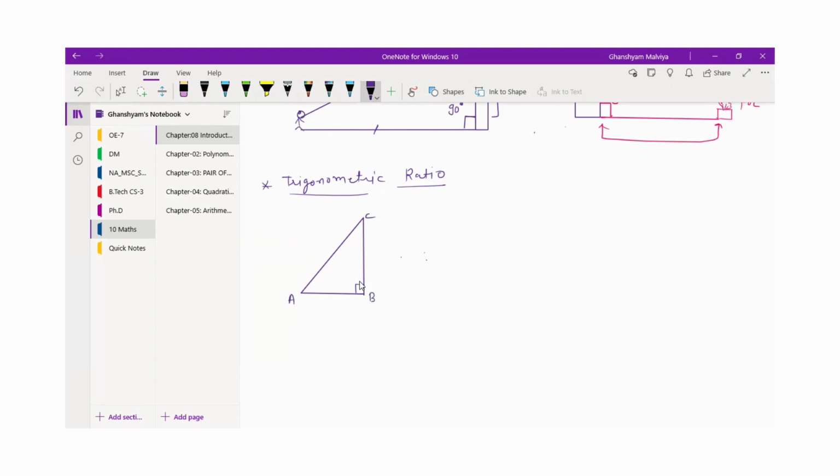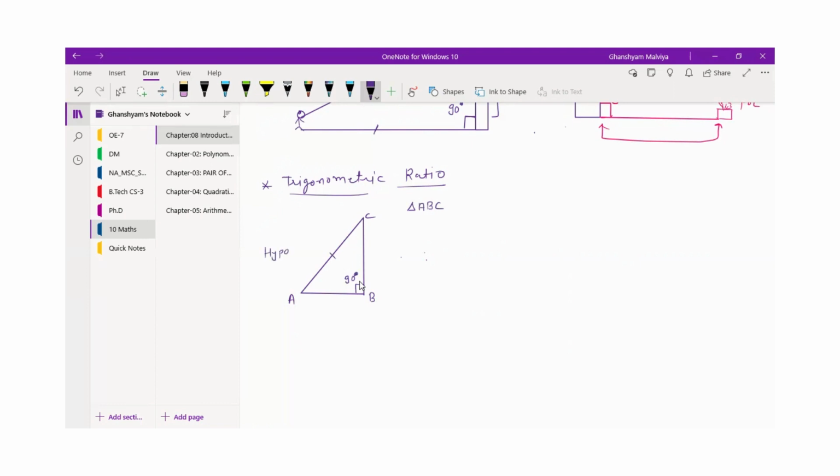In this triangle ABC, this is a 90 degree angle. This side is called the hypotenuse.